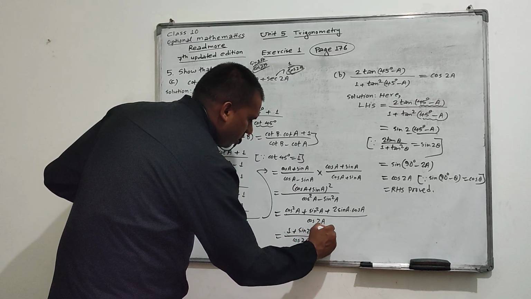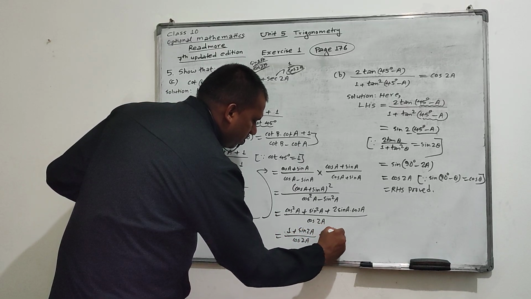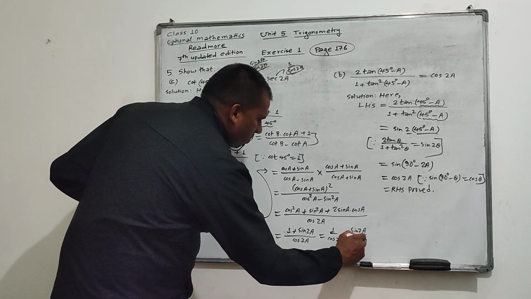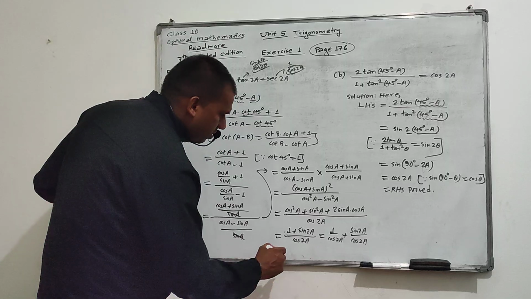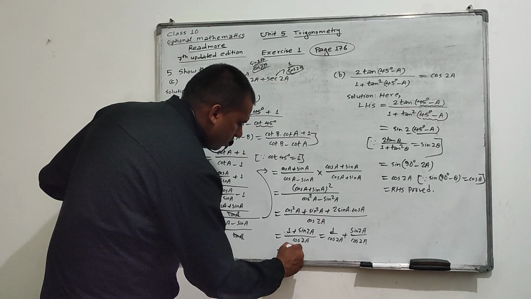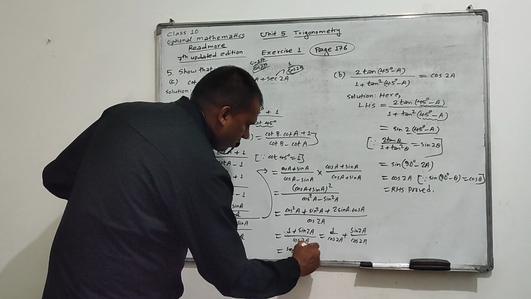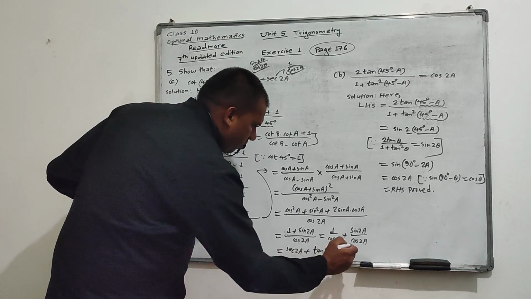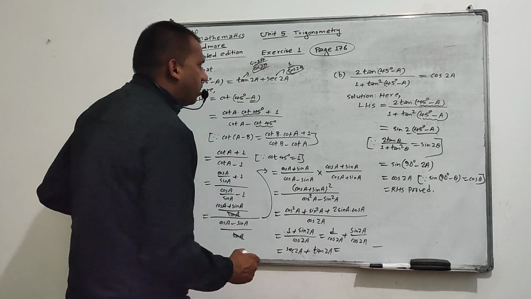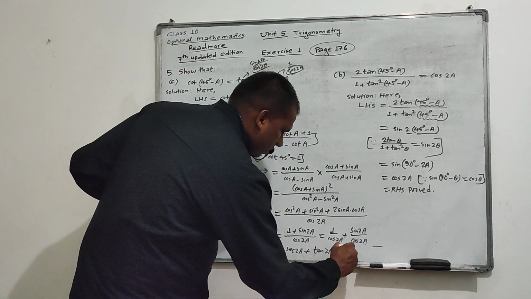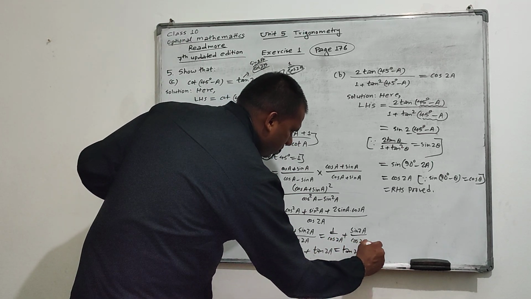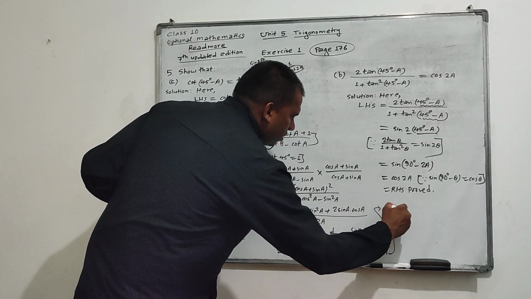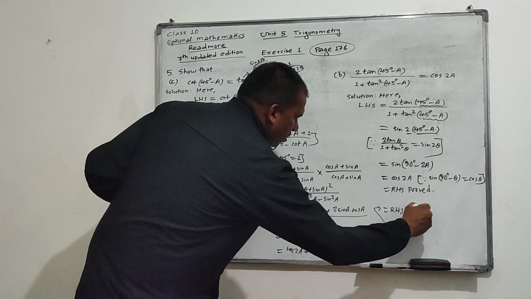This equals 1 by cos 2A plus sin 2A by cos 2A. We know 1 by cos 2A is sec 2A, plus sin 2A by cos 2A is tan 2A. Now this equals sec 2A plus tan 2A, we can write tan 2A plus sec 2A. This equals RHS, proved.